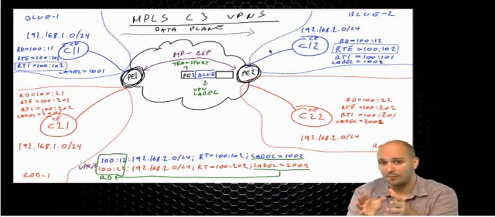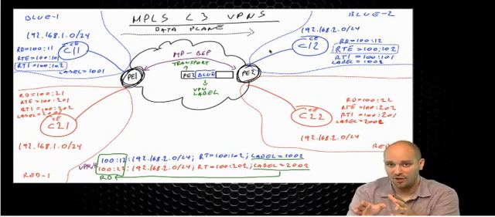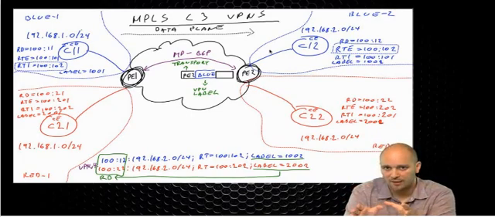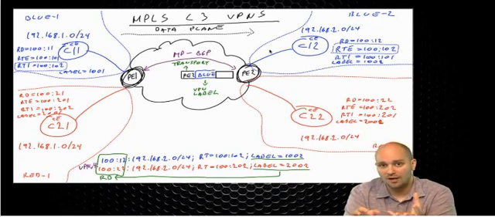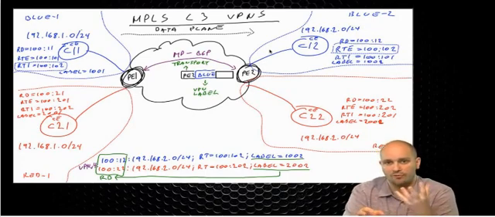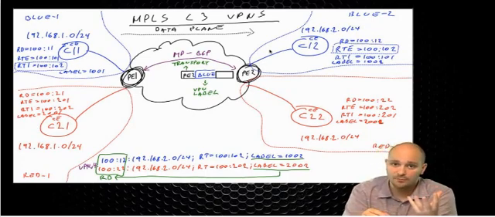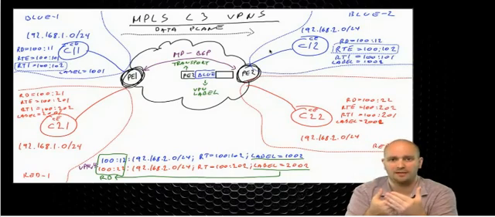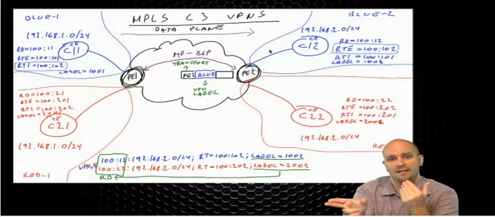If you have a large number of routes in that VRF, like for example a full internet table, don't do that. If you have a full internet table inside a VRF, you are going to have an incredibly large number of labels, incredibly high memory consumption. But when it comes to forwarding efficiency, this would be tremendously faster because for every single packet that arrives, you know exactly where to send it.